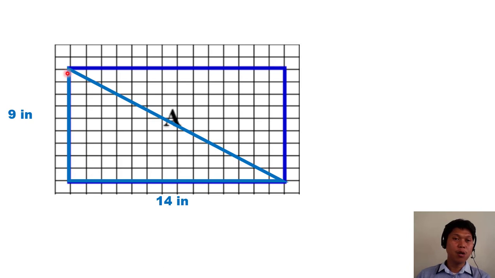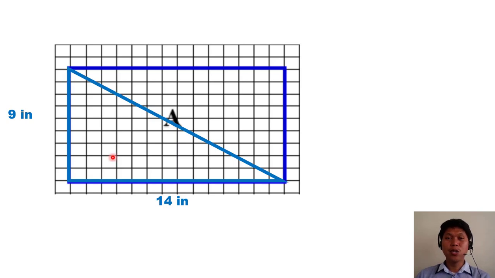So this is 14. Then 1, 2, 3, 4, 5, 6, 7, 8, 9. So 9 inches. And as you can see, there are two triangles formed because I doubled this triangle with another triangle to form a parallelogram. Actually, it is a rectangle, and a rectangle is a parallelogram.